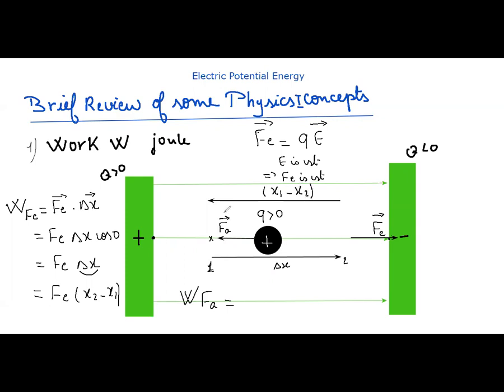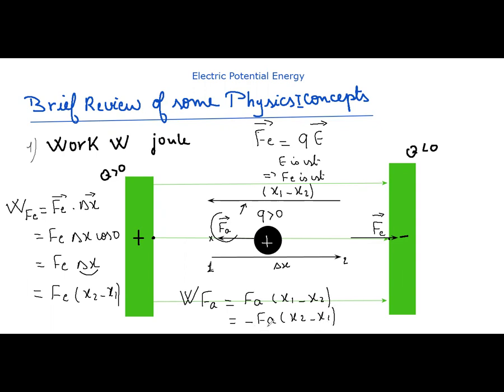Okay, FA has the same direction as this displacement. So we can say we have FA times x1 minus x2. We can say here equals to minus FA times x2 minus x1.